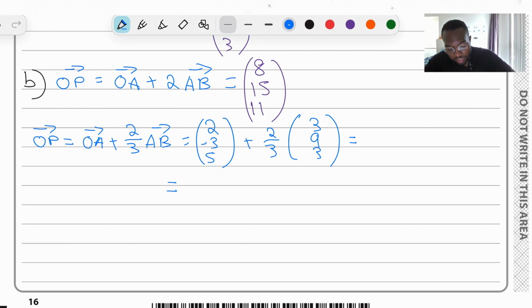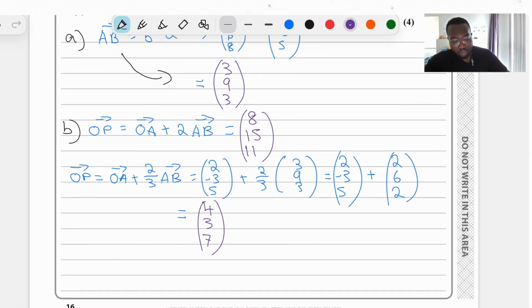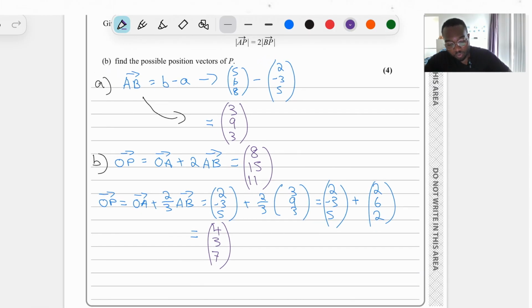We get 2, -3, 5, and then 2 over 3 times 3 is just 2, 2 over 3 times 9 is 6, and that will also give us a 2 here, and that makes our answer (4, 3, 7). So therefore, we've worked out the position vector for OP. It would be (4, 3, 7).